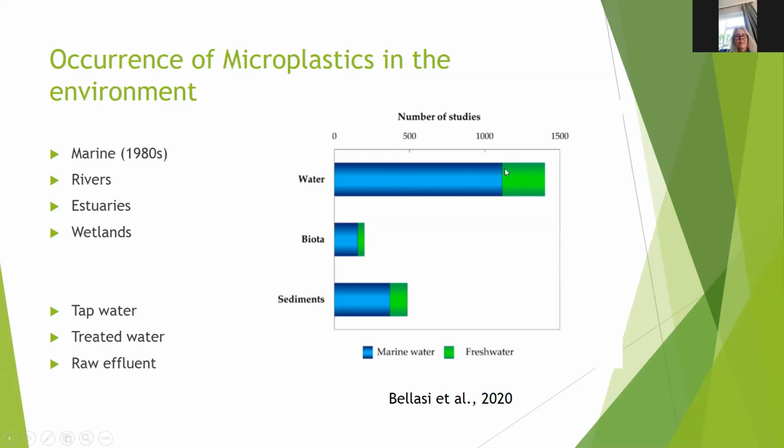And then more so, we start to pick up on freshwater environments. All around the world, they've done microplastic sampling in rivers, estuaries, wetlands. There's evidence to show that it's present in these freshwater environments. And then I've also added in, they've done sampling of tap water around the world, and they found microplastics in the tap water around the world. Treated water, there's microplastics, and the raw effluent, we know there's microplastics.